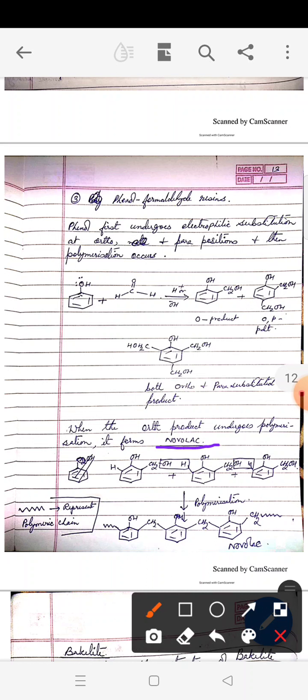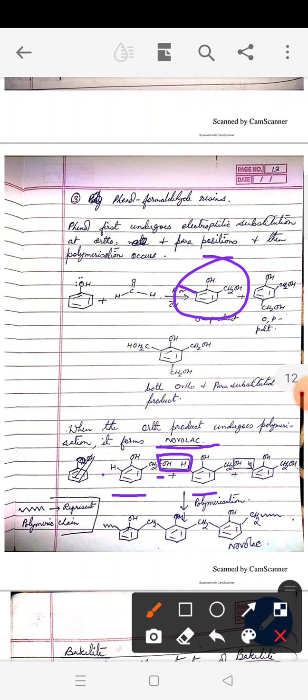So how it happens: you take this product, I have written the same product here, but only thing is here I have shown the H projected. When you take two similar molecules, OH from this end and H from the other ortho position of another molecule, they lose water and get linked.